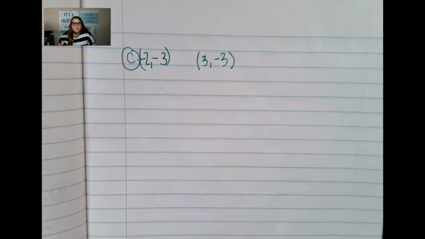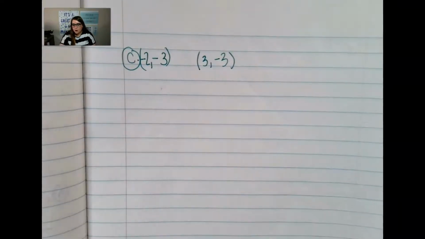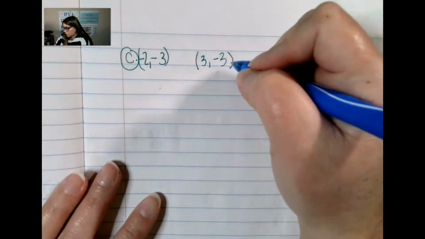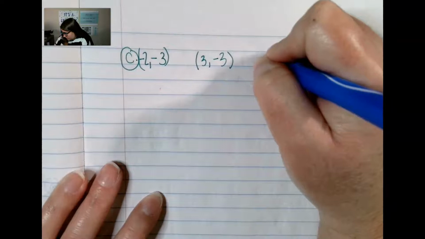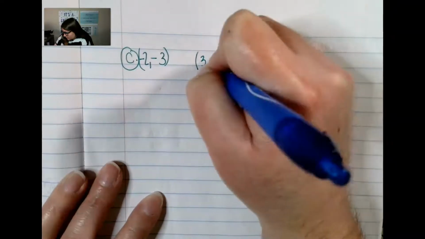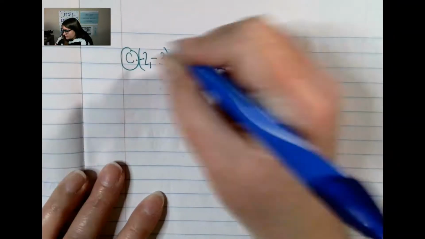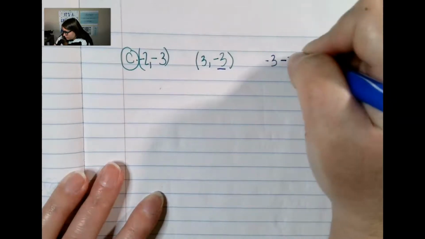Okay, so we can determine what type of slope this is going to have based on what we get when we do y1 and y2. So we're going to subtract, starting with our y values. So we're going to have -3 minus a -3.